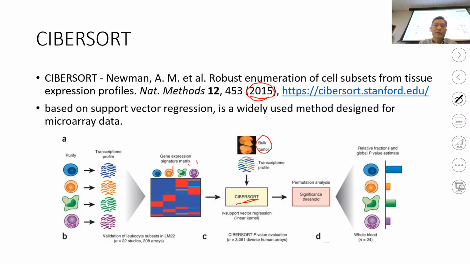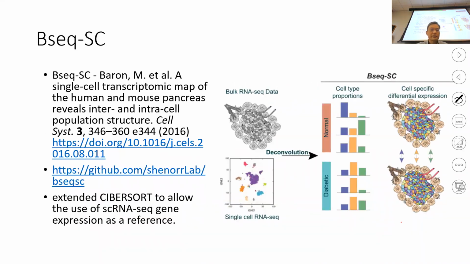And CIBERSORT is the first package that tries to learn from that, to decompose and tell you how many different cell types contribute how much to the mixture of the signal in that sample. And then in 2016, single cell data became available on a small scale, I believe.